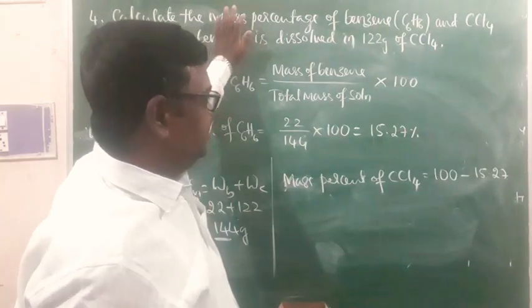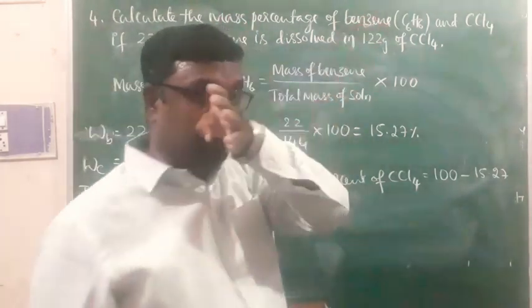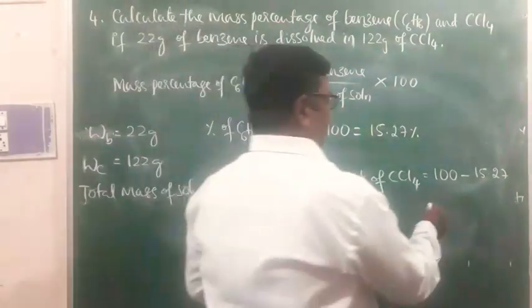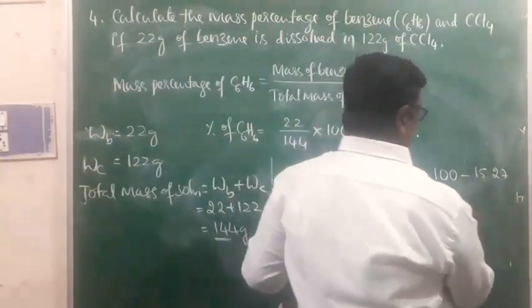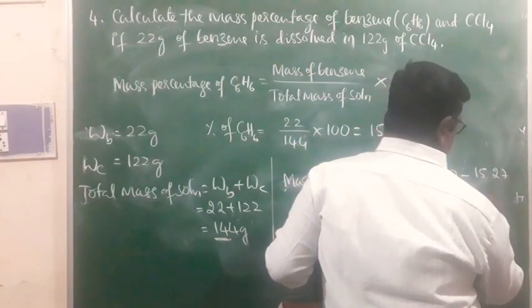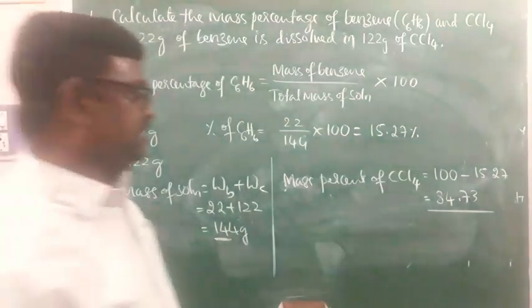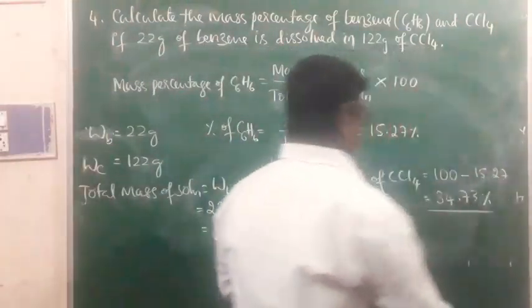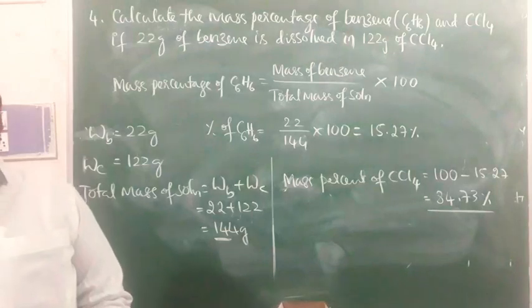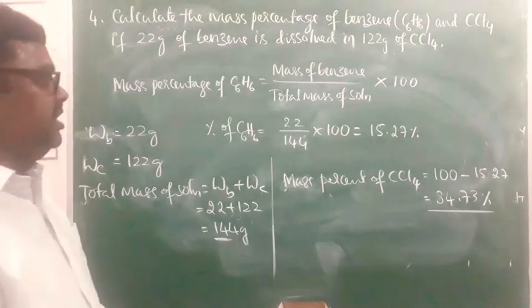That is, mass percent of benzene plus mass percent of CCl4 is equal to 100. So 100 minus 15.27 is 84.73, that is the mass percent of CCl4. So this is the calculation of mass percent of CCl4 and benzene. Note it down, take a screenshot.